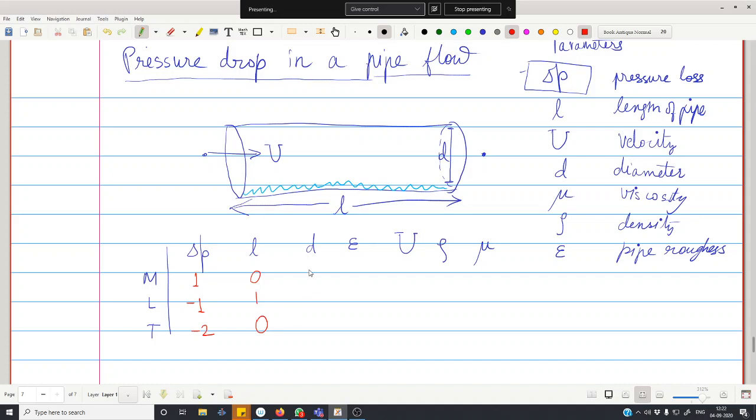Diameter: 0, 0, 1. Epsilon, the roughness, also has a length dimension. Eventually it will become dimensionless. So U, velocity: 0, 1, minus 1. Density: 1, minus 3, 0. Viscosity: 1, minus 1, minus 1.